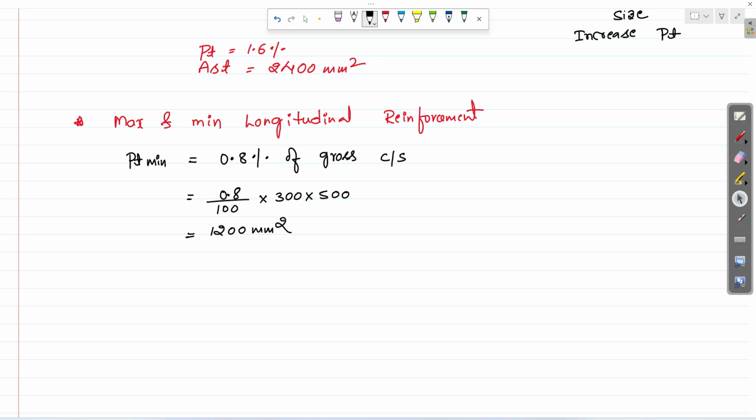So maximum, I think these clauses are provided in IS 456, page number 48, clause 26.5.3.1.